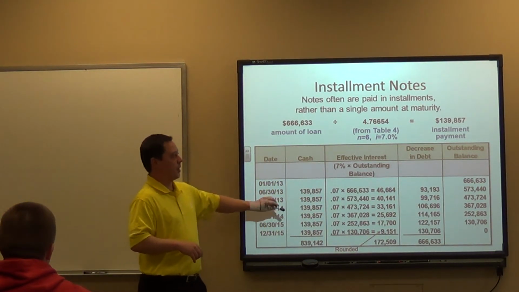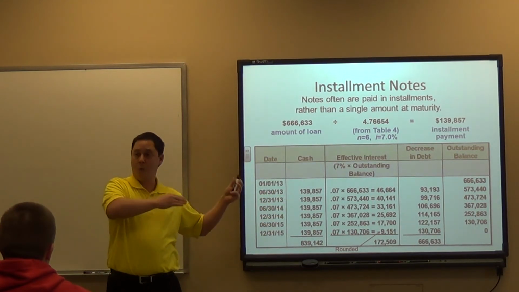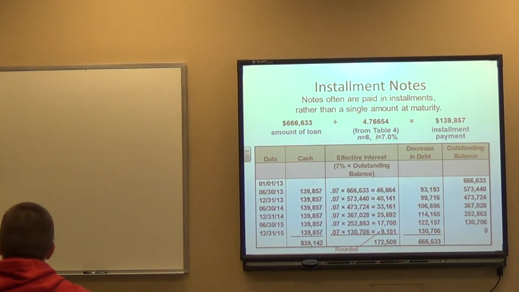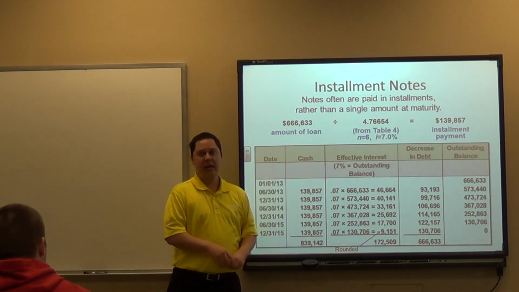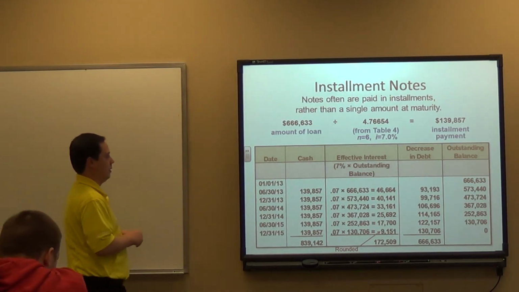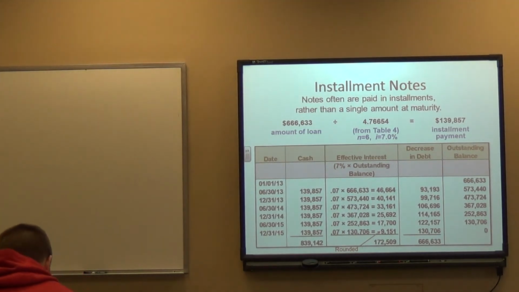But the reason I put this up here is I want you to know, because there may be a question saying, what happens with the interest and the principal payment as you go along? Does it go up or down? Or how's it work? So you may need to know some of those things. That's why I'm adding this in here, even though you won't have an amortization table in the test. But if you know how to do it, it's very helpful. So be happy you don't have one of those.